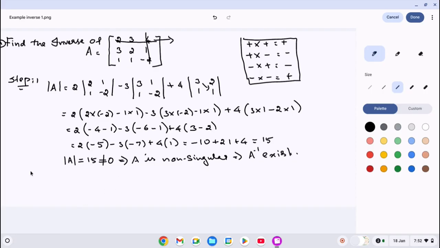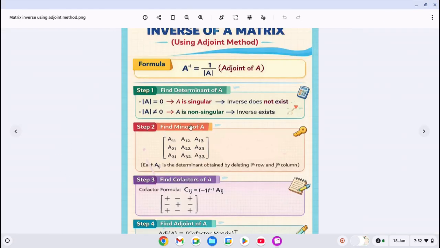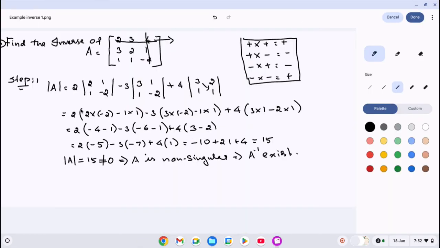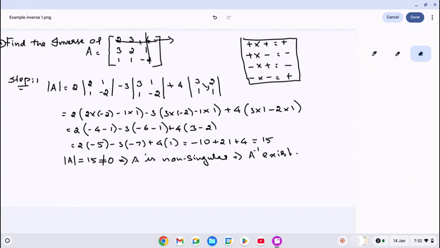What is step 2? In step 2, we have to find the minor of A. For each and every element of the matrix, we have to find the minor. See the matrix, which is nothing but 2, 3, 4, 3, 2, 1, 1, 1 and minus 2.